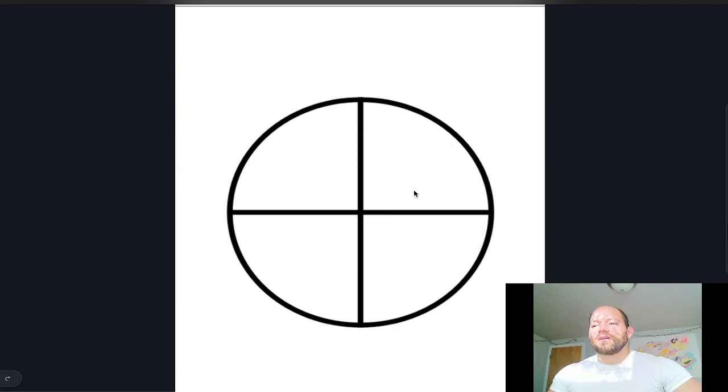Now we can further subdivide the circle. Imagine we are now going to cut each quadrant in half. Now, if we're cutting a quadrant in half, what that means is we have now divided the circle into eighths.